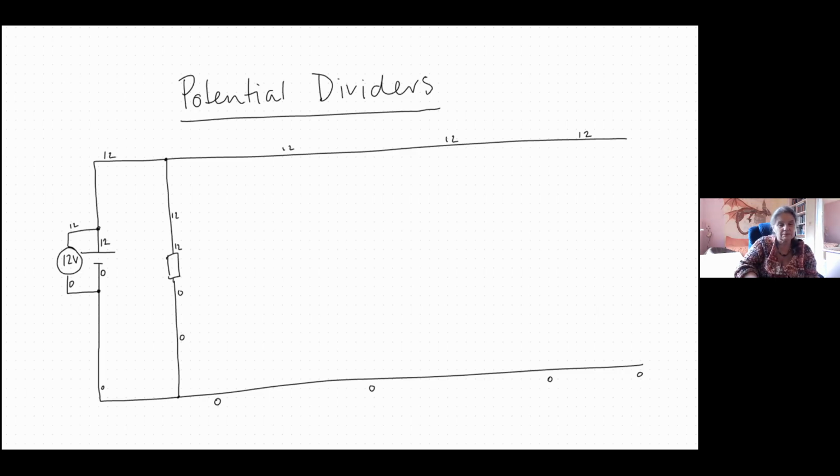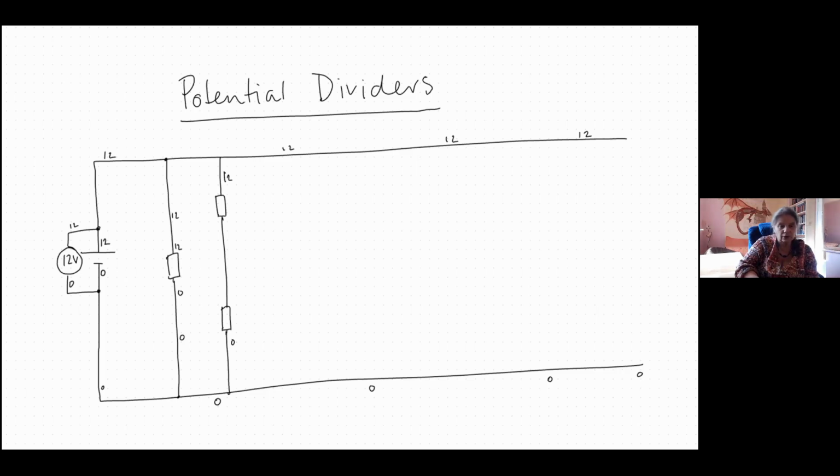Okay, right, now imagine now that I've got two identical resistors I've put in my circuit. Right, now the top of this one is attached to the 12 volts, so that's sitting at 12, and the bottom of this one is attached to the 0 volts, so that's sitting at 0.